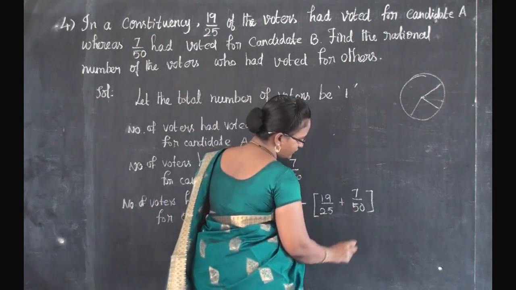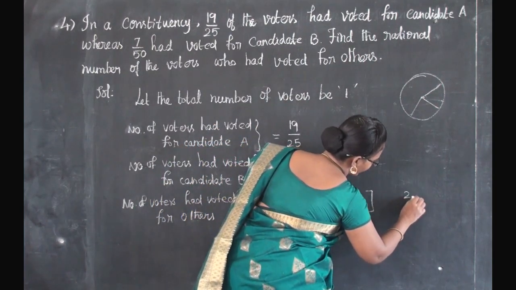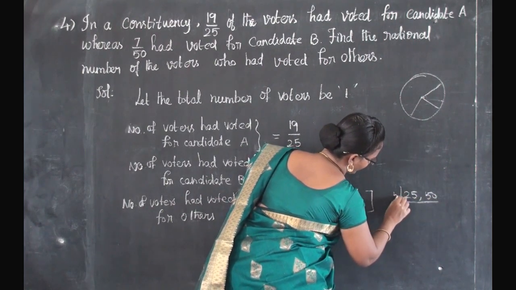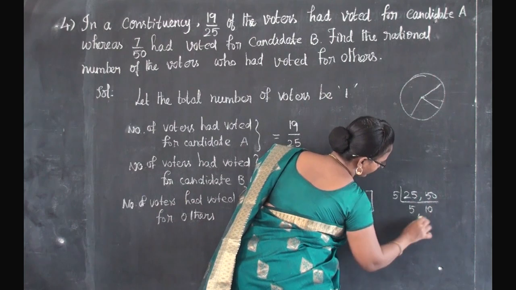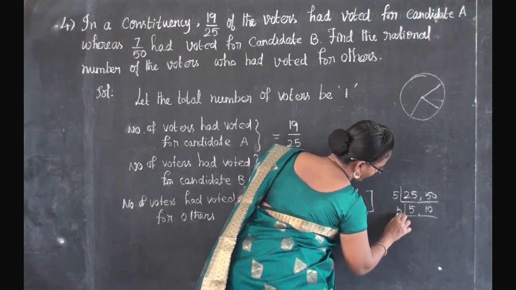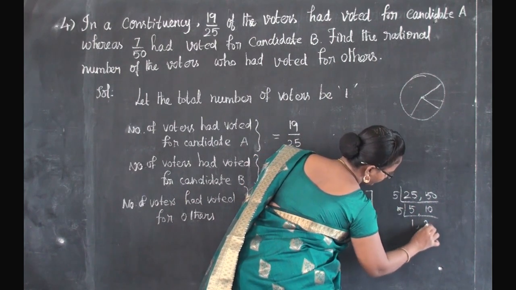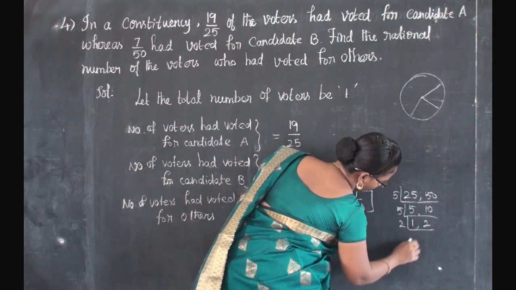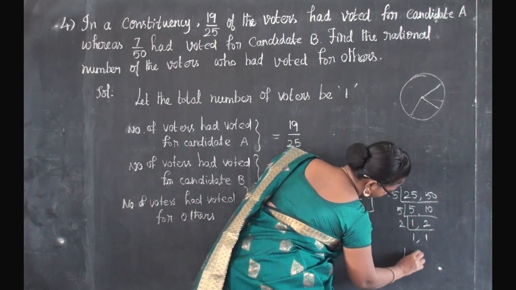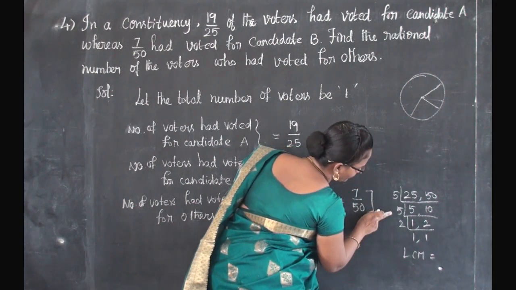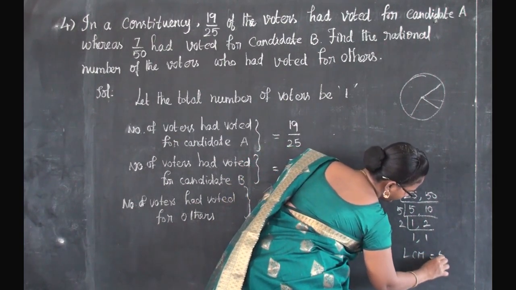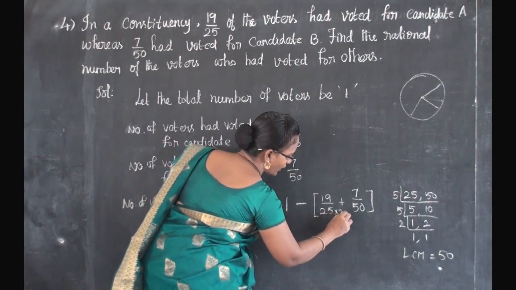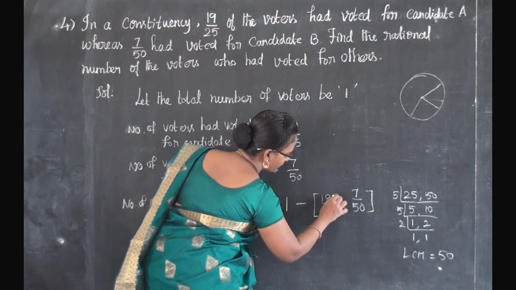Here the denominators are not same, so take LCM for that. 5 5s are 25, 2 5s are 10, 25 into 2, 50. 50 is the same, so we do not multiply, we get 50.